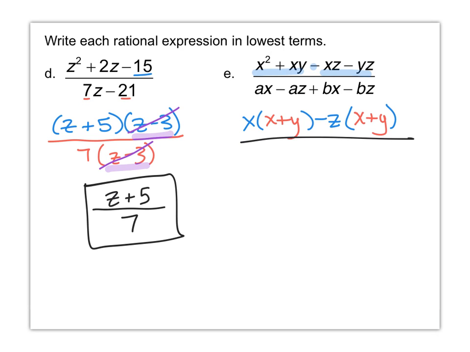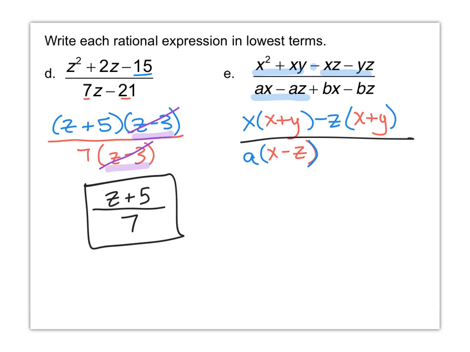Also, noticing that it has 4 terms, we'll try the factor by grouping method. Looking at the first 2 terms in the denominator, there is a common factor of a. So if you factor out that common factor of a, the remaining factor would be x minus z.